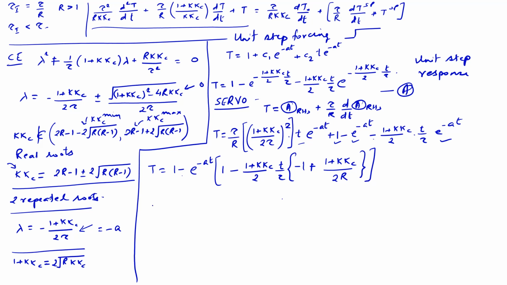And so what you get is T is equal to 1 minus 1 plus KKC by 2 times t by tau into 1 plus KKC by 2r minus 1.